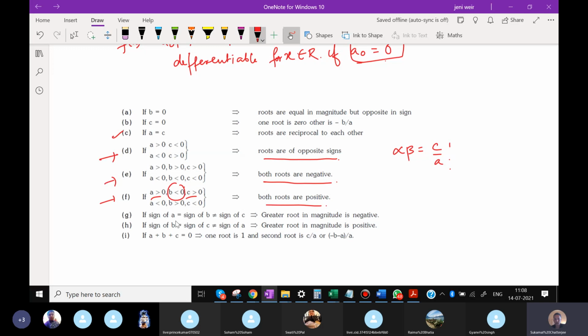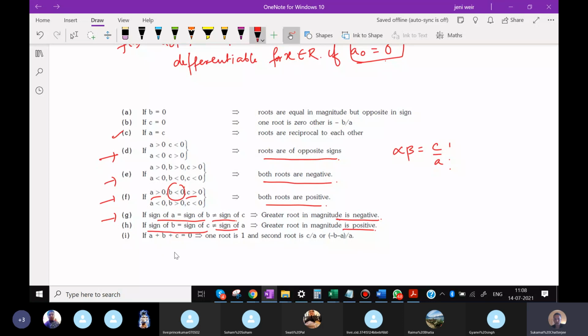If the sign of A is equal to the sign of B and not equal to the sign of C, then the greater root in magnitude will be negative. And if the sign of B is equal to the sign of C and not equal to the sign of A, then the greater root in magnitude will be positive.